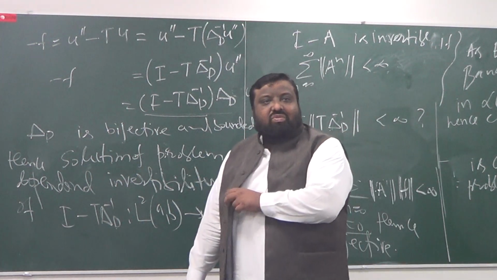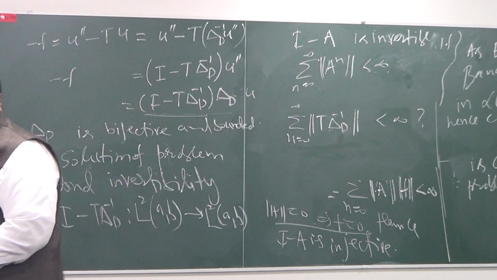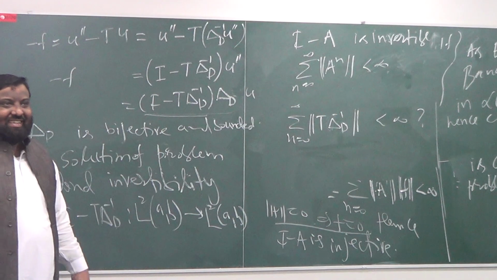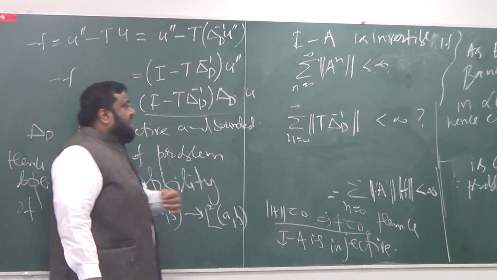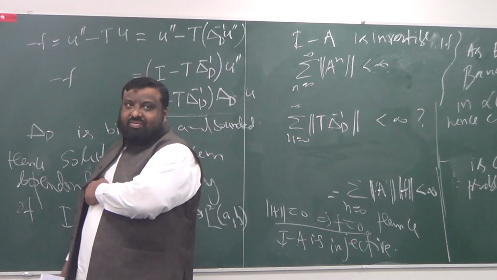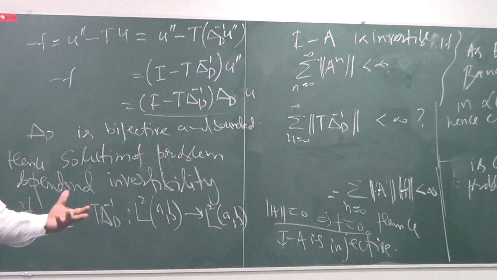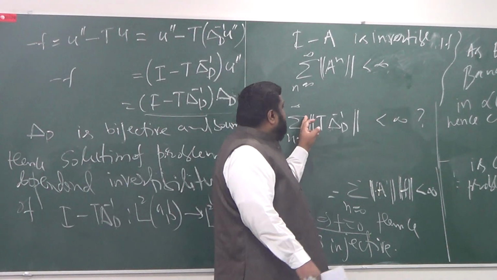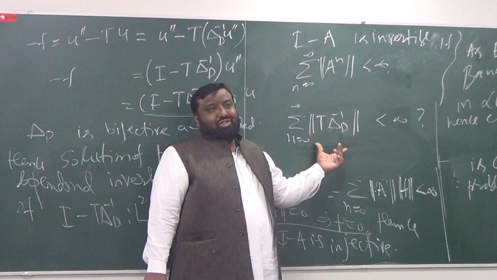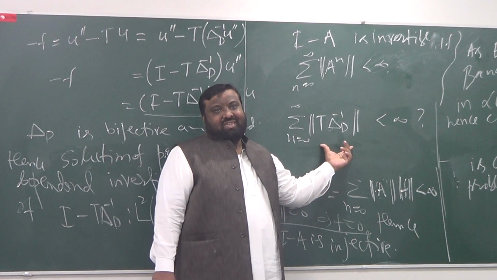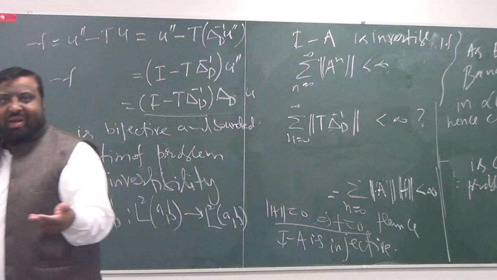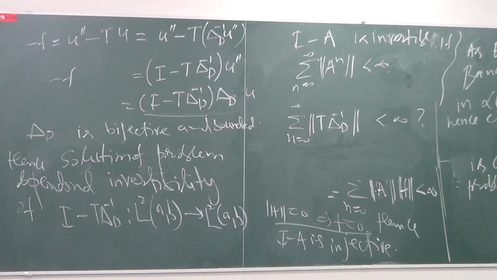So under what conditions can this thing converge? One of the conditions could be that I assume this to be a contraction. What's a contraction map? The norm of it is strictly less than 1.